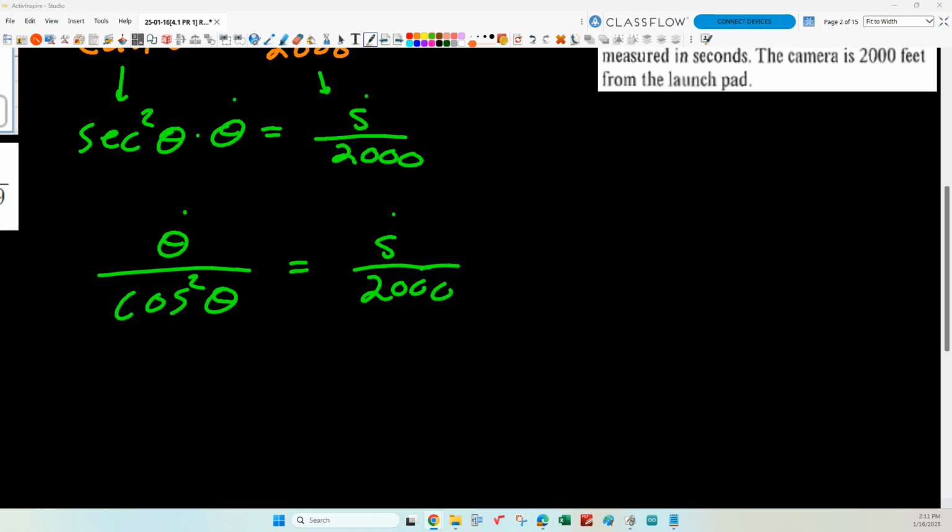Does that make sense? And then I could multiply each side by cosine squared and get theta dot equals S dot over 2,000 times cosine squared theta, right? Okay, so I know S dot, but I don't know theta.